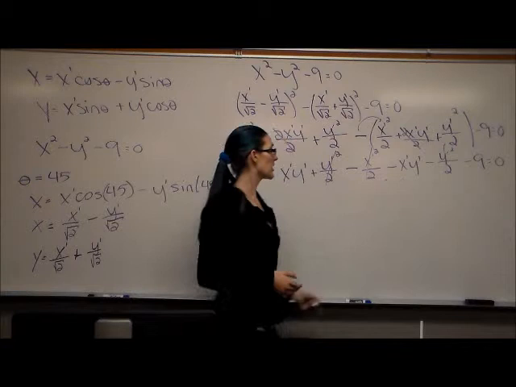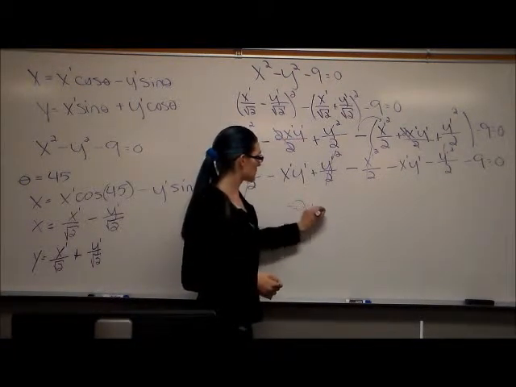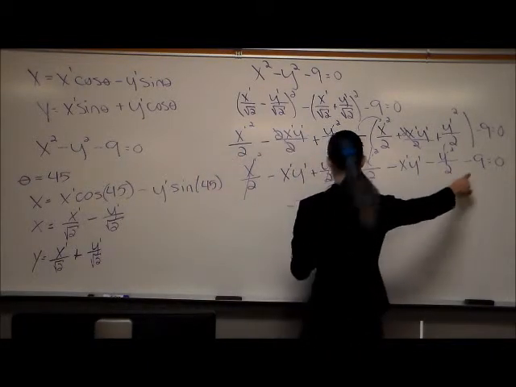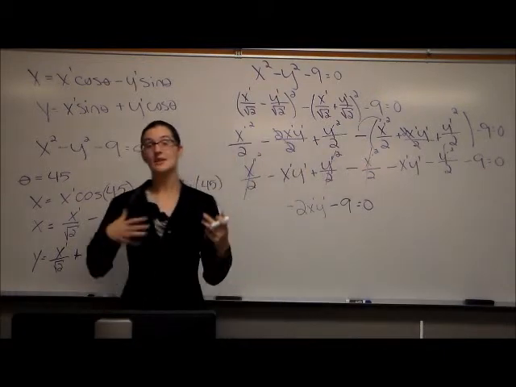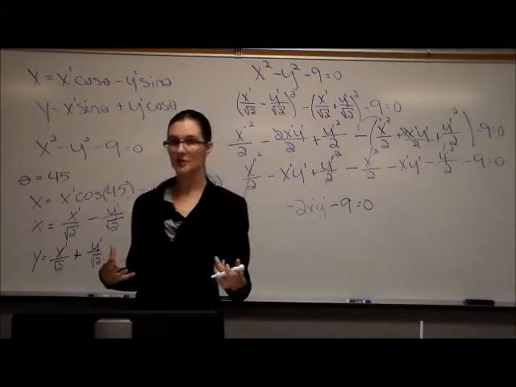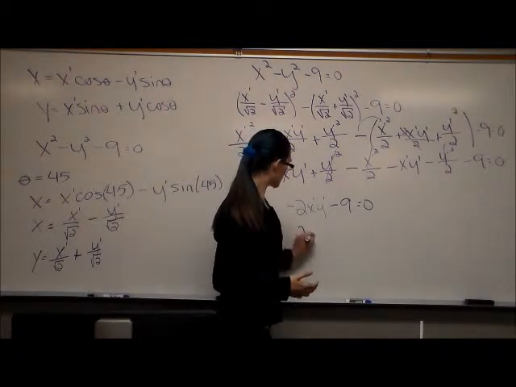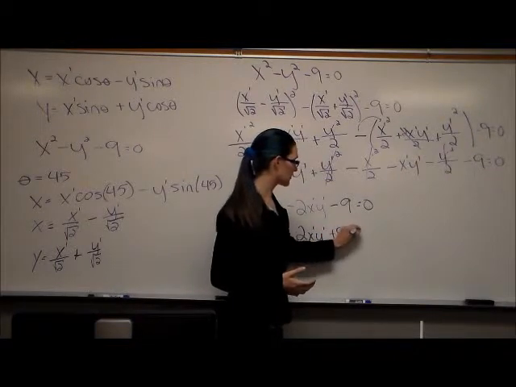Negative x prime y prime minus x prime y prime gives us a negative 2 x prime y prime minus 9 equals 0. Now again, they don't like having the negatives up front if we can avoid it. So go and divide everything by negative 1, gives you 2x prime y prime plus 9 equals 0.